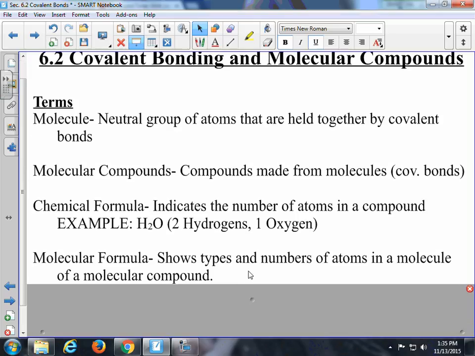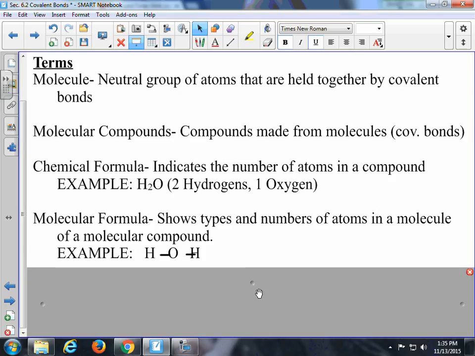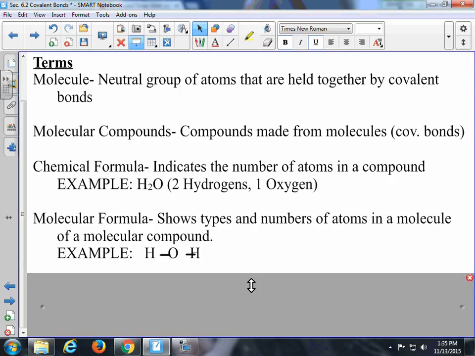The molecular formula shows the type and numbers of atoms in a molecular compound. So we might have HOH. It's going to be kind of the skeleton. The molecular formula will show us the skeleton, how exactly it is bonded together. All 4 of these terms should be reviewed.